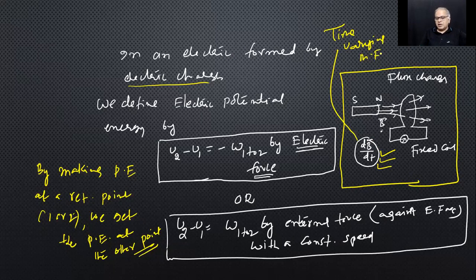So dB by dt means time varying magnetic field. If that kind of a time varying magnetic field is there in a region of space, people say there is an electric field, but that electric field is not like this field. They are different.